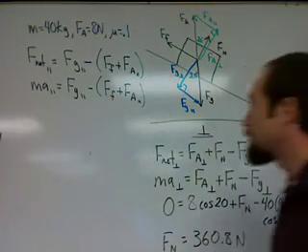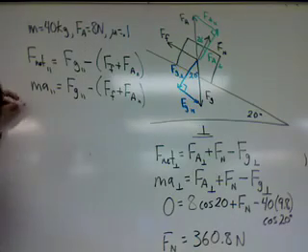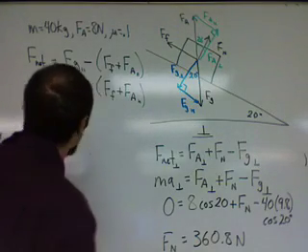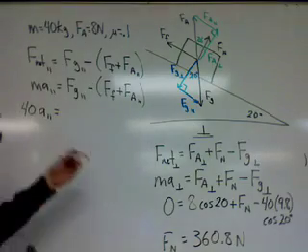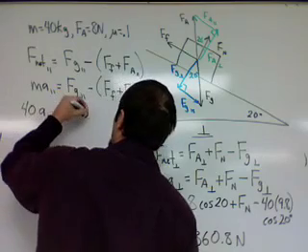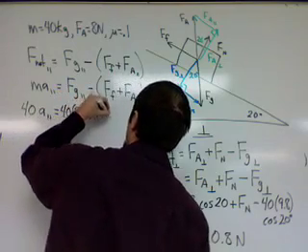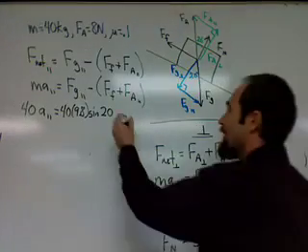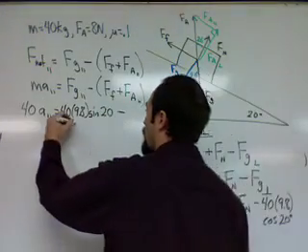Okay, so if I plug in numbers that I know over here, my mass is 40. I'm looking for my acceleration. My Fg parallel is going to be 40 times 9.8 times the sine of 20. Hopefully that makes sense. Minus the whole quantity.